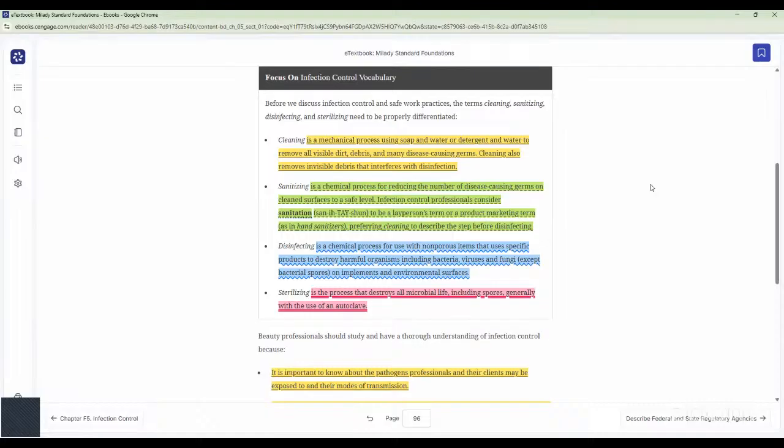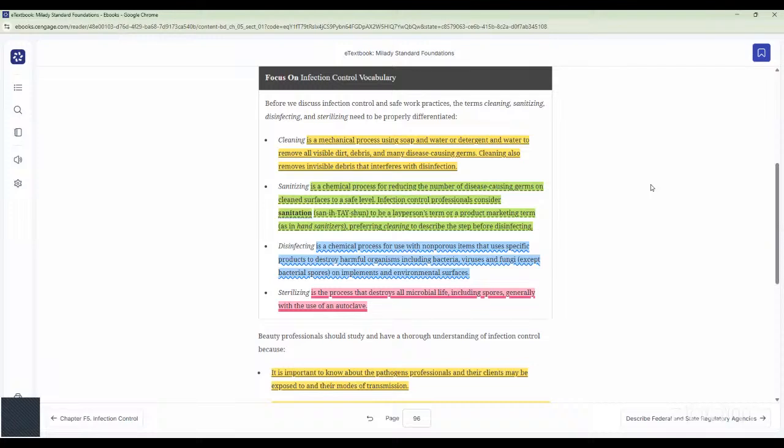Infection control professionals consider sanitation a layperson marketing term, as in hand sanitizers. Okay. Most of the time, or all of the time, in beauty, you're going to sanitize before disinfection. You're going to wash your hands before you do anything. Okay? Sanitizing.